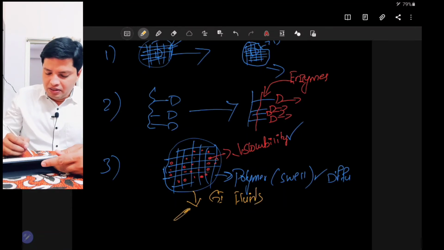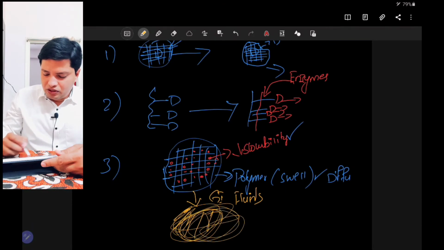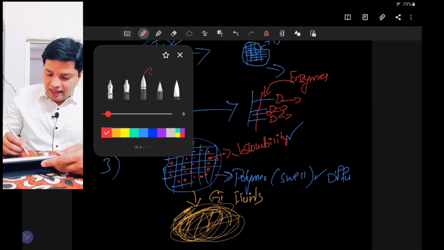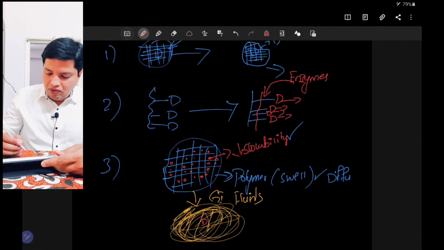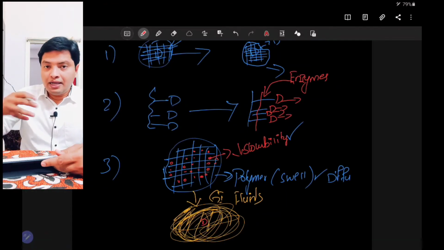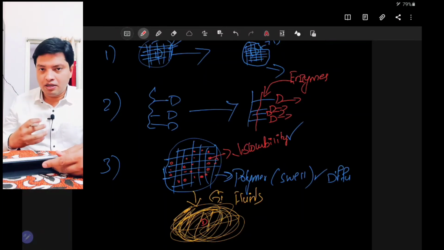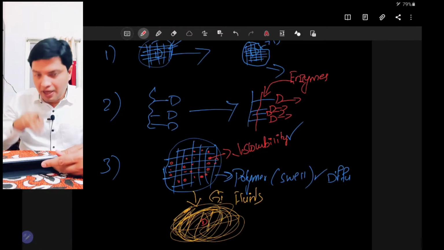The polymer will swell like this. From the swollen polymer, the drug has to first solubilize in the swollen polymer. Swollen means what? The polymer has absorbed some water. This water has to first solubilize the drug.